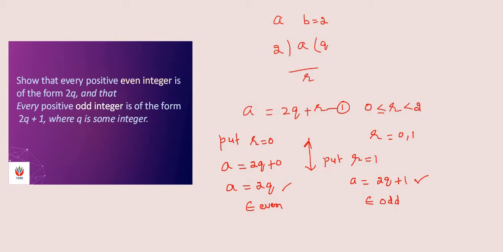So here r takes the values 0 and 1. If you write these r values in equation number 1, you get a is equal to 2q plus 0, that is 2q, the form of even numbers. Next case, if you keep r is equal to 1, a is equal to 2q plus 1, these are odd numbers, in the form of 2q plus 1 or 2m plus 1. You know very well of this sum.